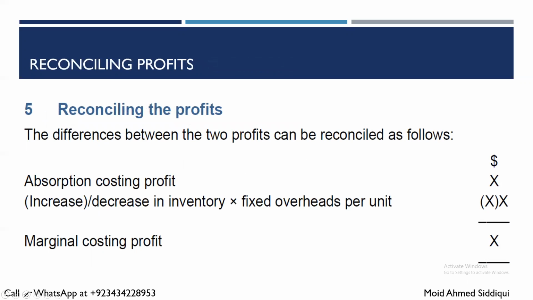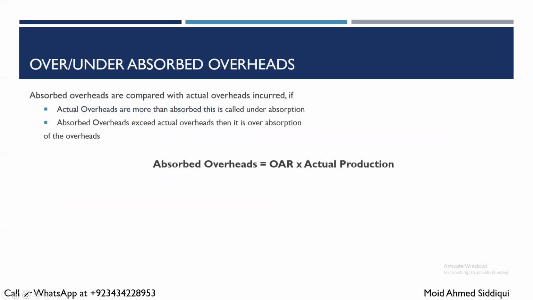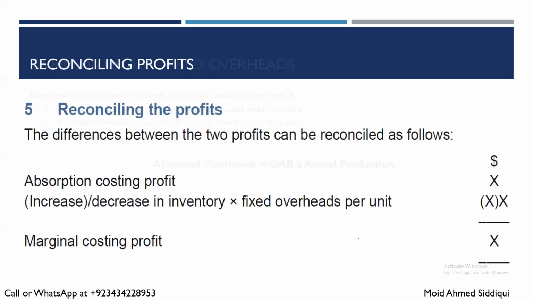Now, what happens under the two approaches, marginal and absorption costing? We get different profit figures. So sometimes we need to reconcile profits. We need to show how much is the difference in the profits reported by the two approaches, and we have to prepare a reconciliation of profits like this, as shown on the screen: absorption costing profit and marginal costing profit.